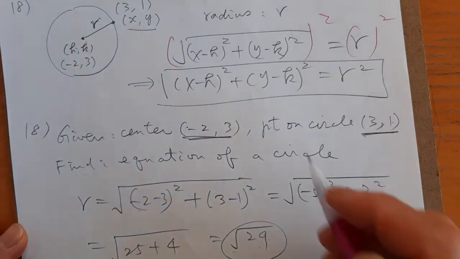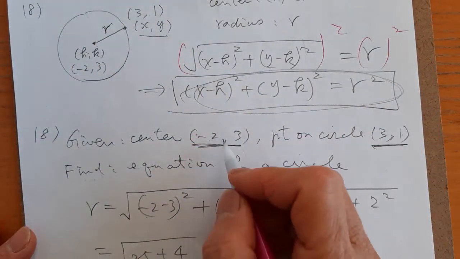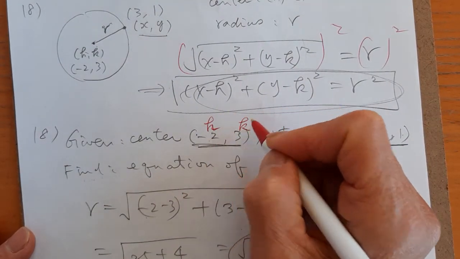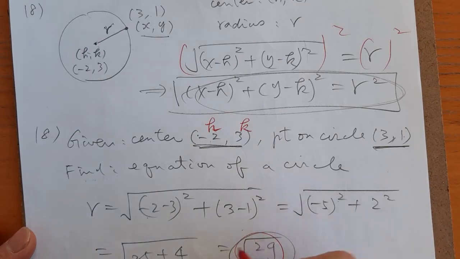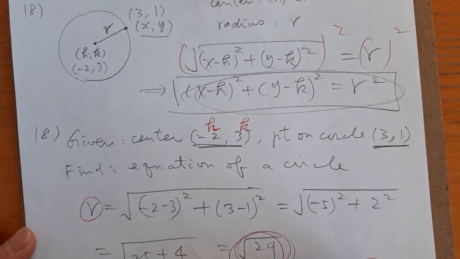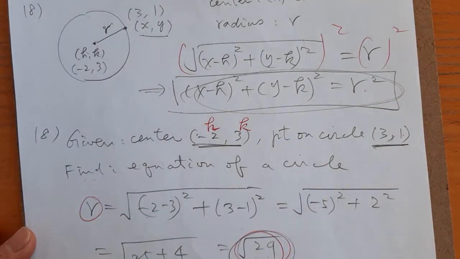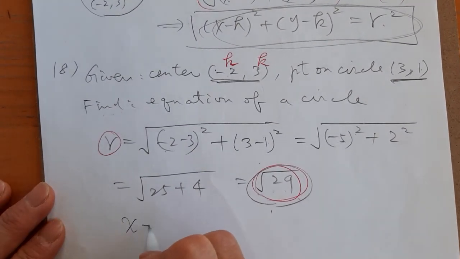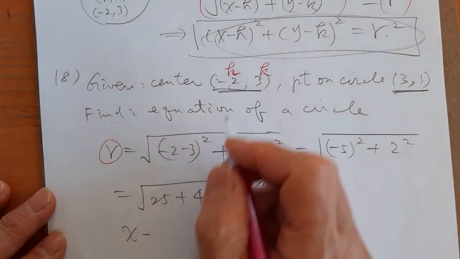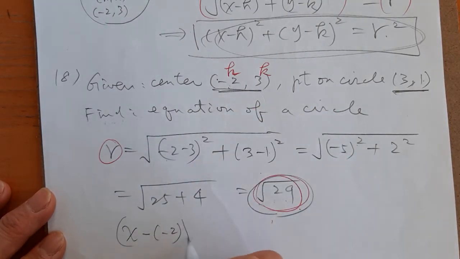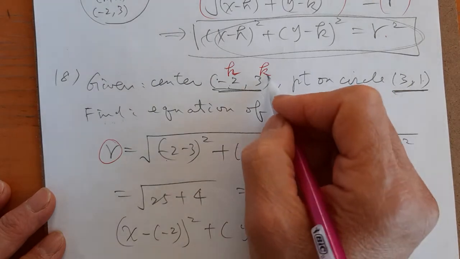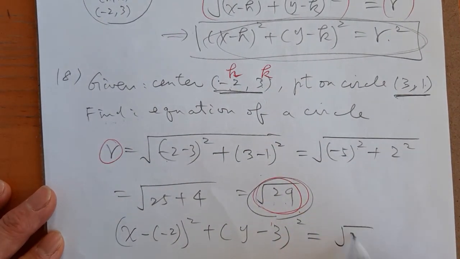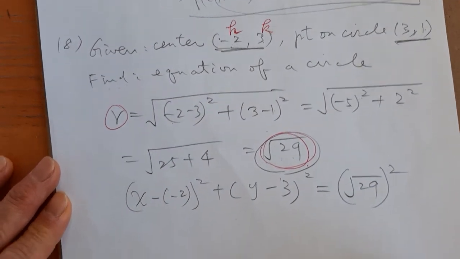Then you plug into the circle equation formula. This is h and this is k, because it's the center. r is the square root of 29. Plug in, so we get the equation of the circle: (x minus (-2)) squared plus (y minus 3) squared equals the square root of 29, squared.